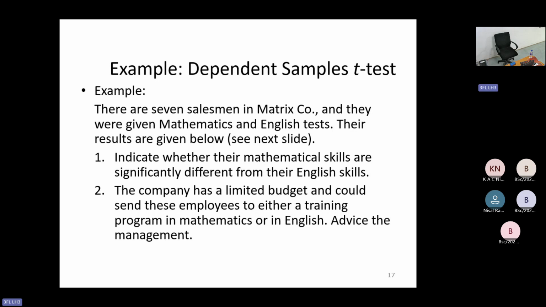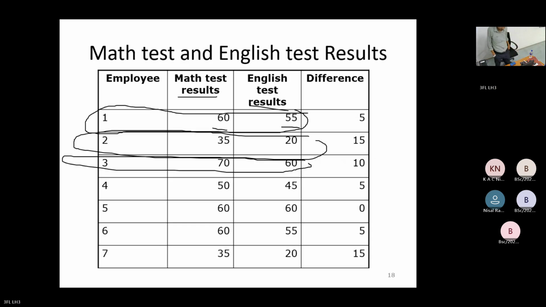Their results are given in the next slide. Mathematics and English results are given, 60-55, and likewise. So the same employee has done the math test as well as the English. There are 7 employees. Now we need to see whether there is a significant difference between average mathematics marks and average English marks.